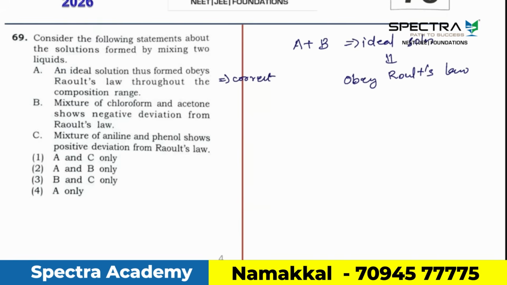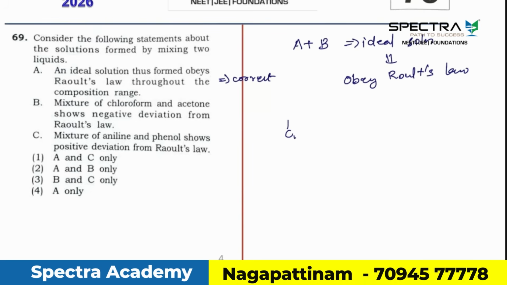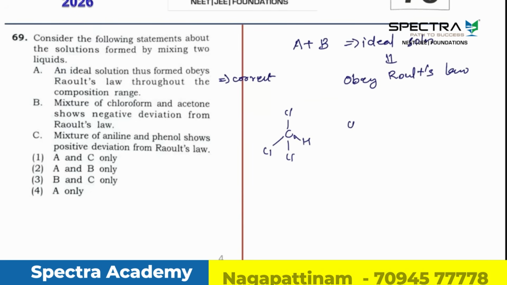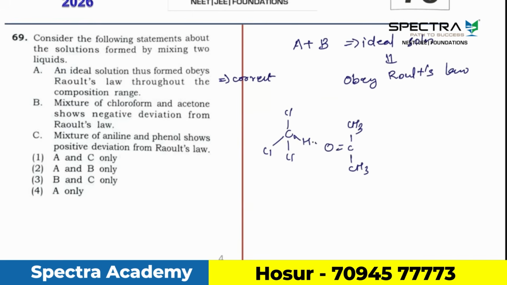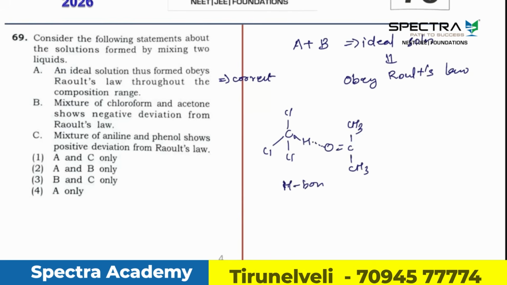Now the next is the second statement. A mixture of chloroform and acetone shows negative deviation from Raoult's law. So chloroform is CHCl3. Next, acetone is CH3-C=O-CH3. Between chloroform and acetone, intermolecular hydrogen bonding is possible.